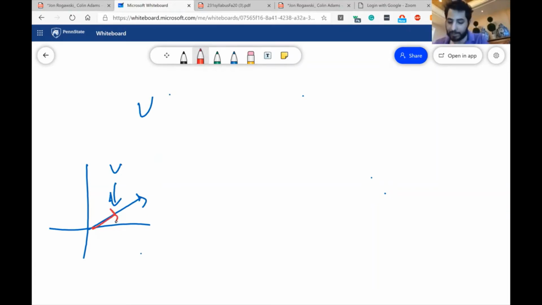So same vector, but the unit vector. So one way to do it is by looking at the vector, and we're going to call this vector e_v, which is going to be equal to v over the magnitude of v.